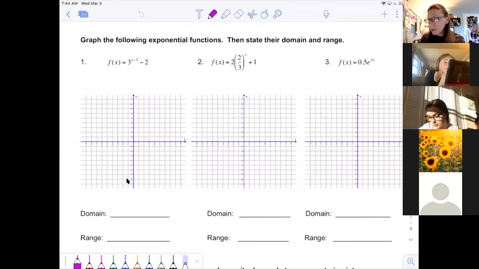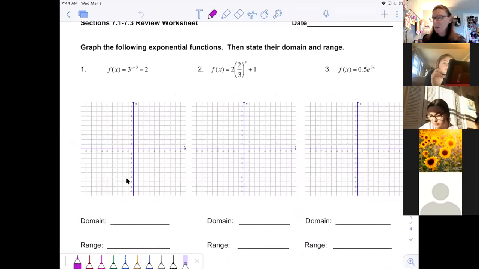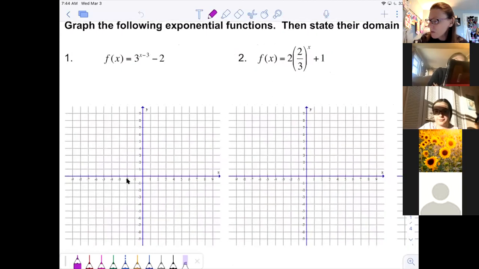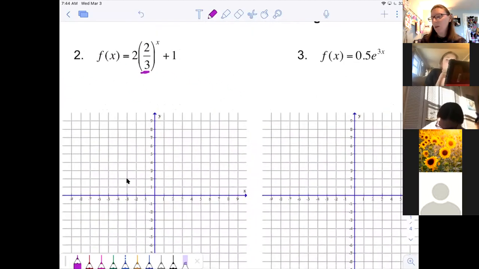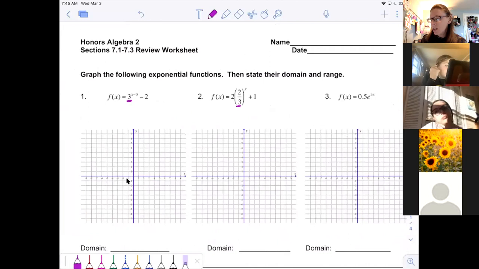Just looking through the worksheet, you can see the first 3 questions deal with exponential growth and decay functions. The first one is a growth function because the value is bigger than 1. The second one is going to decay because 2/3 is less than 1. And the last one contains the E. So you have one of each.